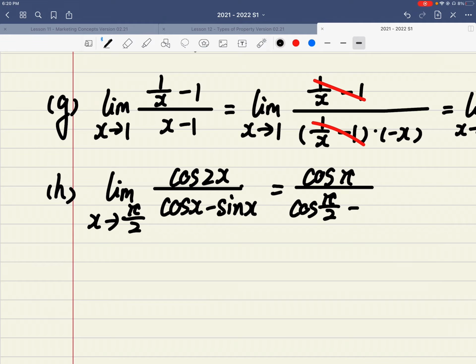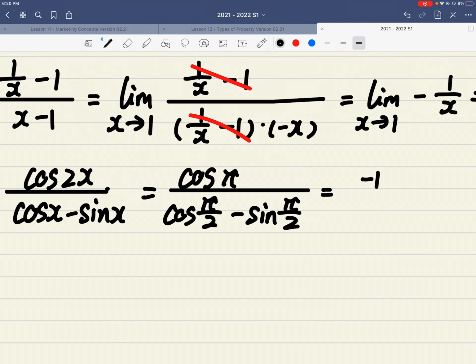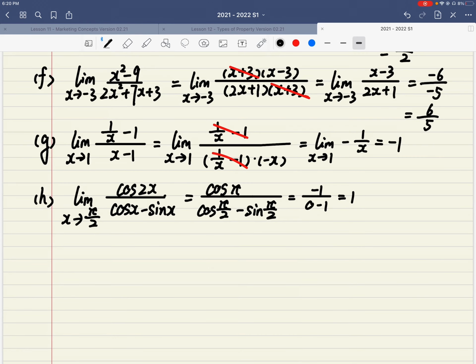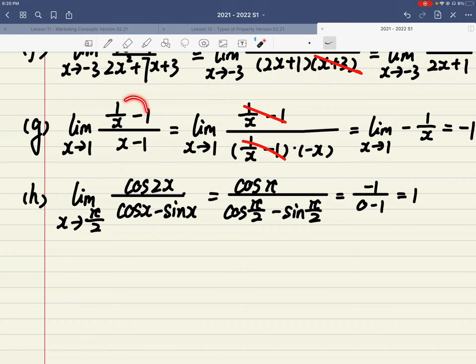Cosine half pi is 0, and sine half pi is 1. So cosine pi is negative 1 over 0 minus 1. So the result is 1. Okay? So whenever you do the substitution and get 0 over 0, then usually there's a common factor.